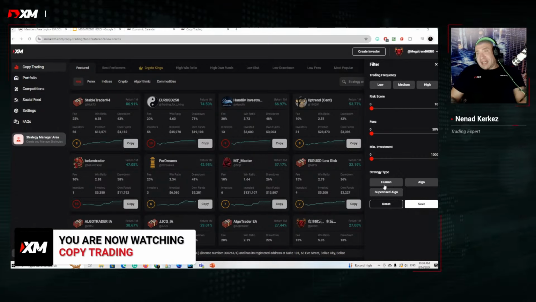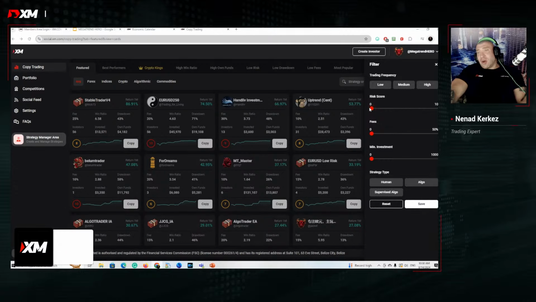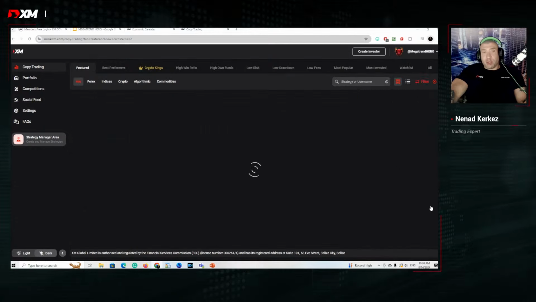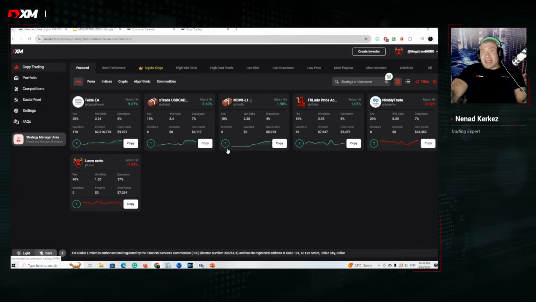So for filters here, I would go, guys, with risk score. If I'm to choose a low risk strategy, I would usually go between 0 and 3. So we put 2, and we can see that we have 2 and 1 risk scores here. Now, guys, look, 8% drawdown, 9% returns.